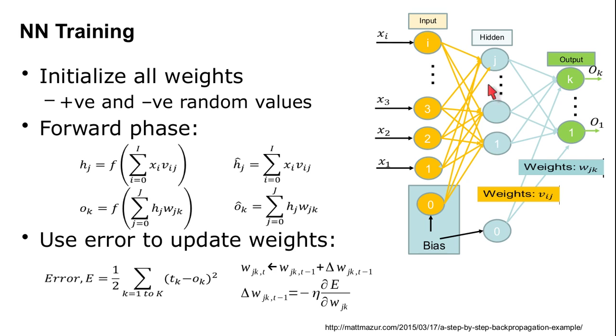The hidden layer has nodes going from 1 to j, and it also has its own bias. The inputs would be x1, x2, x3 and so on till xI, so there are I inputs. The outputs would be indexed 1 to k, so the output values would be O1 to OK.